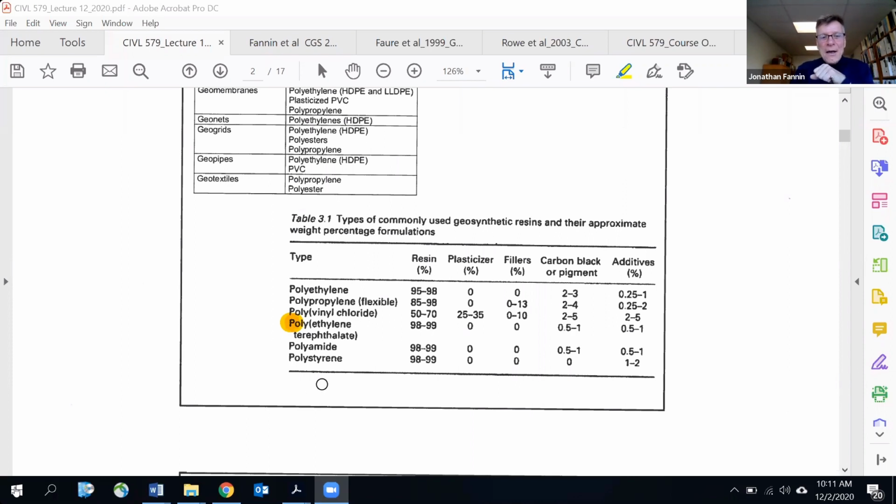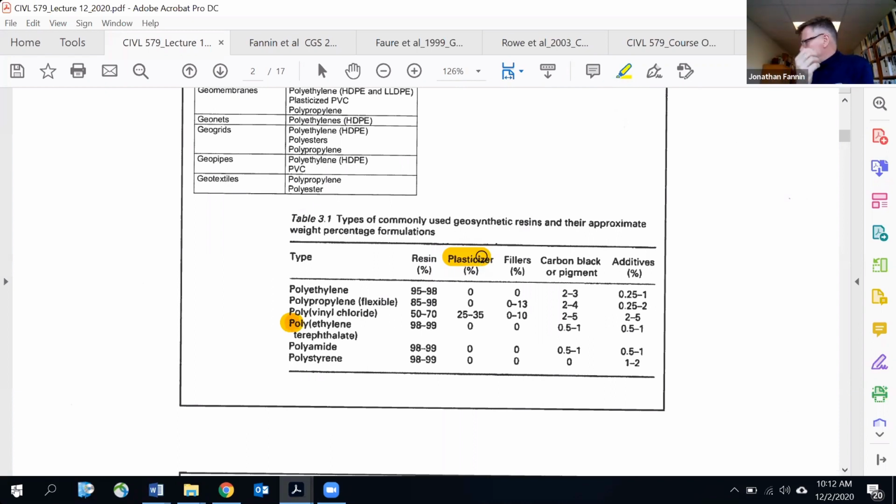So I've highlighted this one not because it's particularly important, but because it's polyester, let's call it by its chemist's name. Now we see that the polymers are primarily the resin, and then we get some additives in there. The additives may be, in the case of PVC, plasticizers of various percentage.